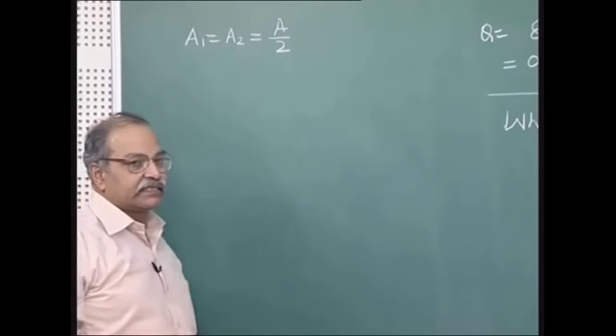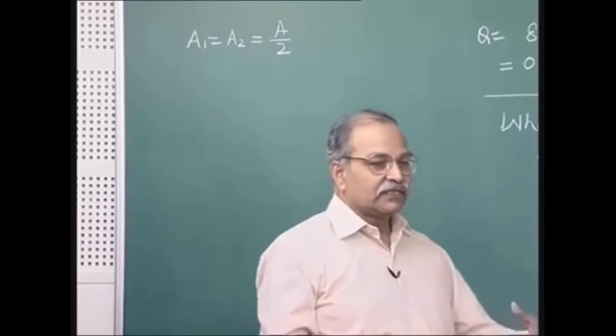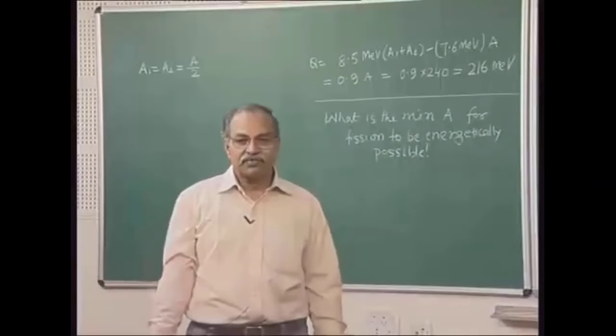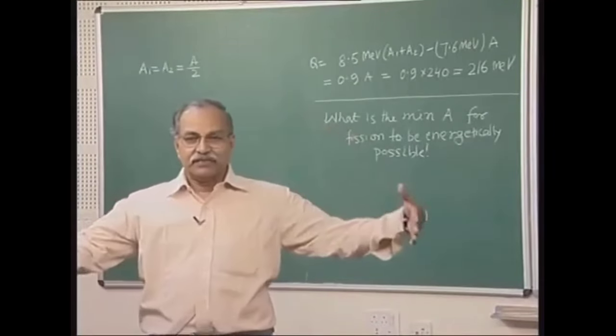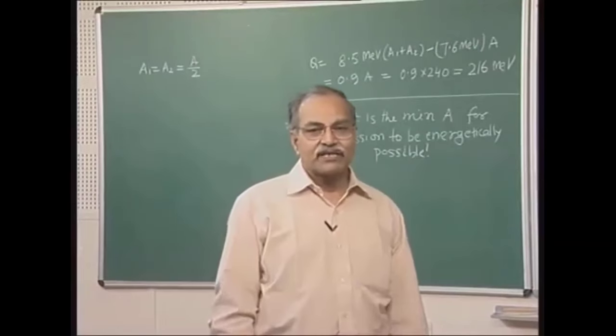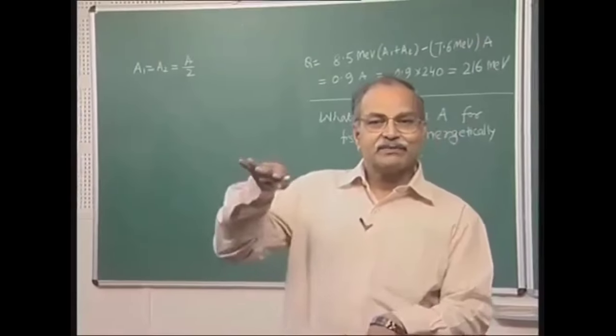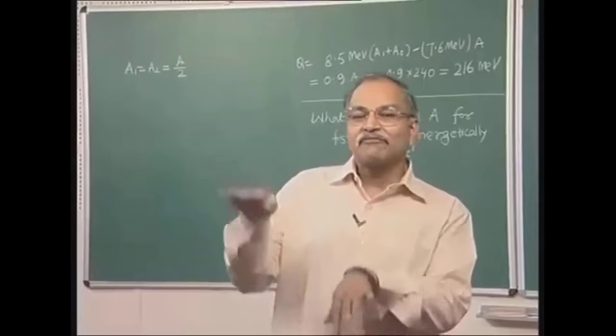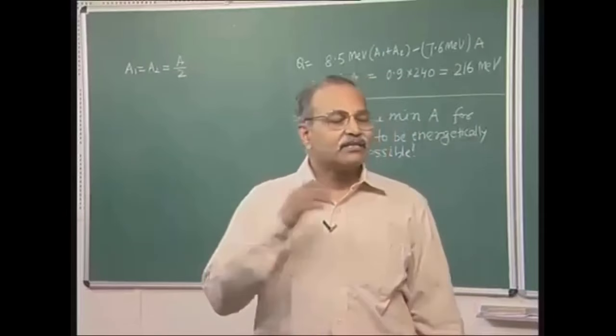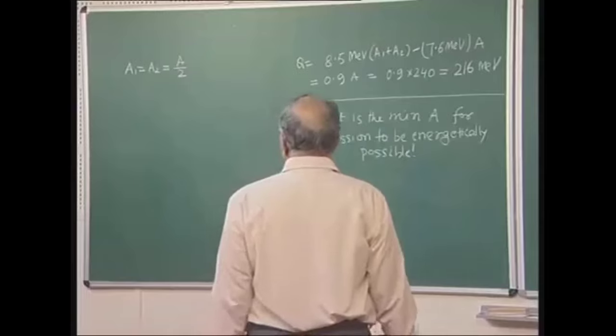Let us consider this situation where the nucleus is split in two equal parts, although in normal fission reactions the probability of symmetric fission is less than asymmetric fission, where there is a little difference in the two masses, but let us calculate for this.